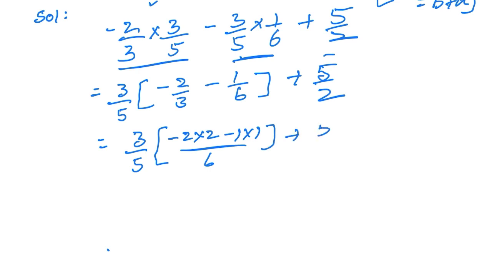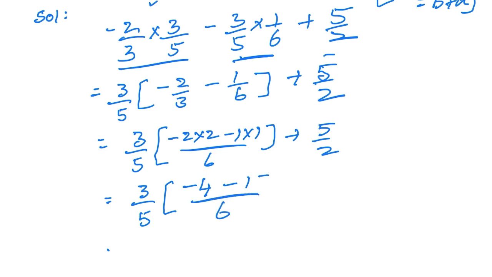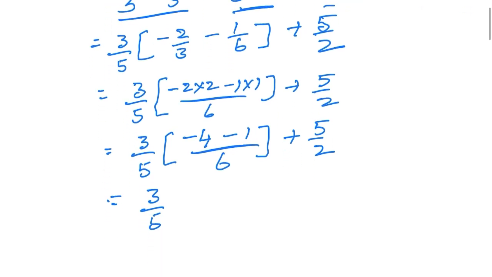Plus 5 by 2. 3 by 5 into minus 2 into 2, minus 4, minus 1 into 1, minus 1 by 6, plus 5 by 2. 3 by 5, remove the brackets, or otherwise in the next step you can remove.